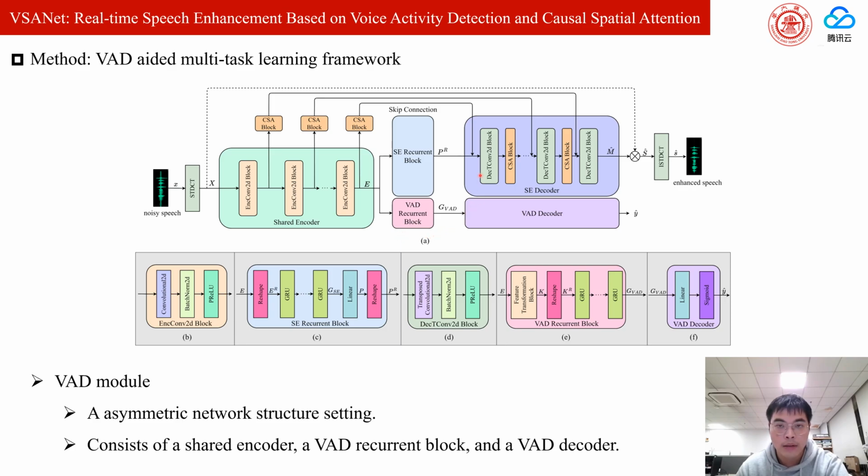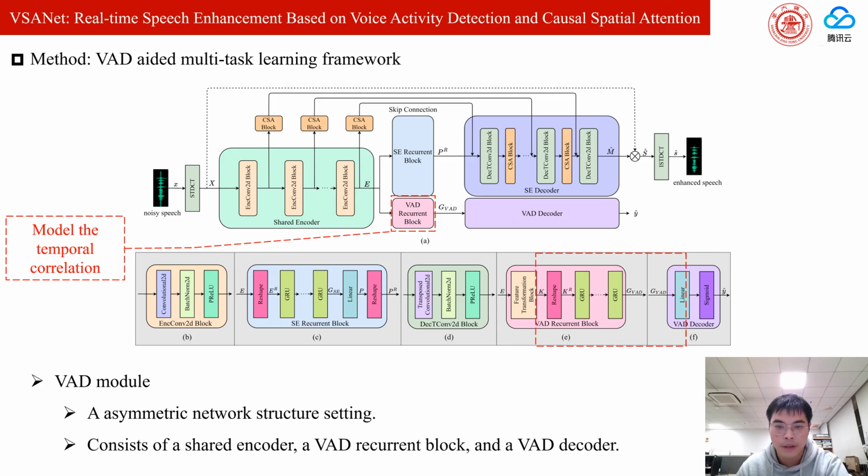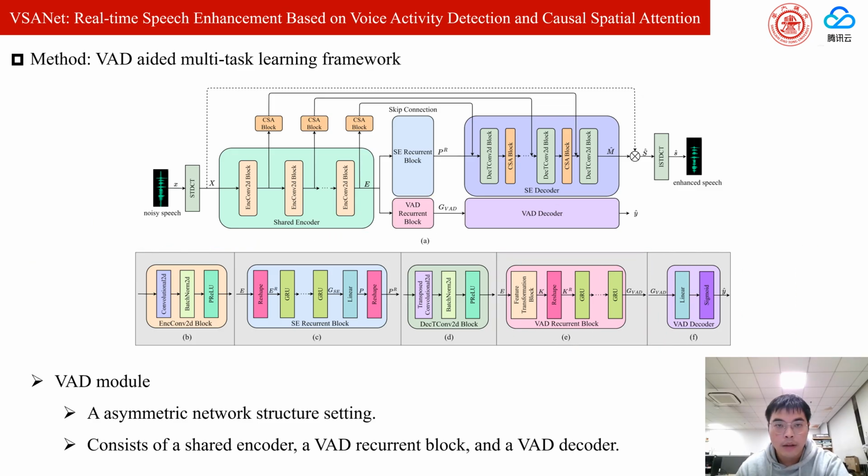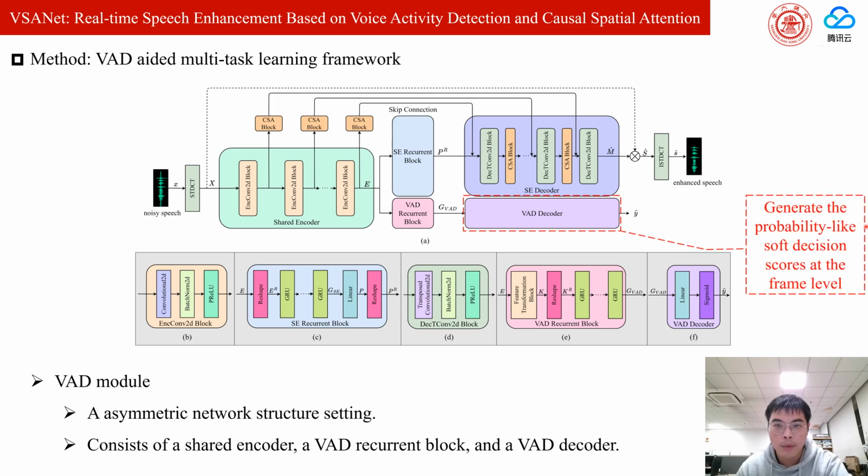Similar to the SE recurrent block, the VAD recurrent block is also used to model the temporal correlation, and the internal structure is shown in Figure E. Next, the output of the VAD recurrent block is fed into the VAD decoder. It finally generates the probability-like soft decision scores at the frame level. The detail of the VAD decoder is shown in Figure F.